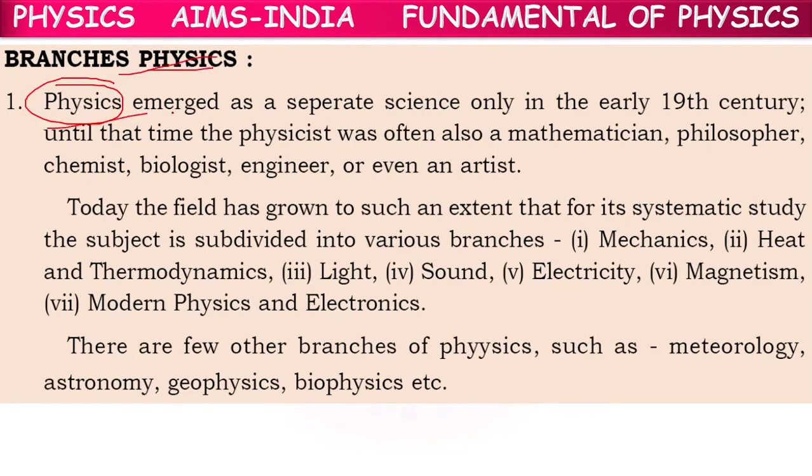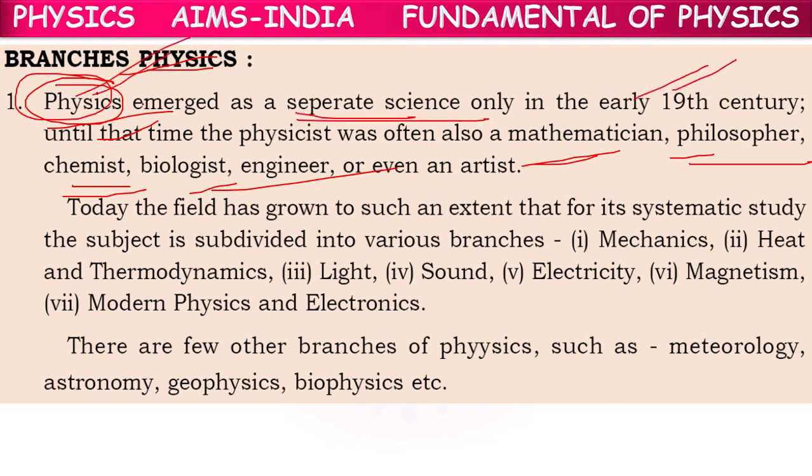In the olden days, physics was combined with other subjects, mathematics, philosophy, chemistry, biology. But later, from the 19th century, it was treated as a separate science, and it has grown to such an extent that physics has been divided into branches: mechanics, heat and thermodynamics, light, sound, electricity, like that.